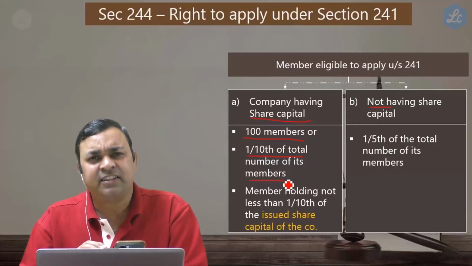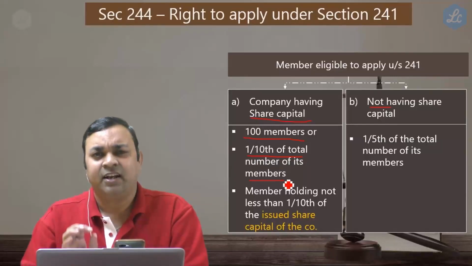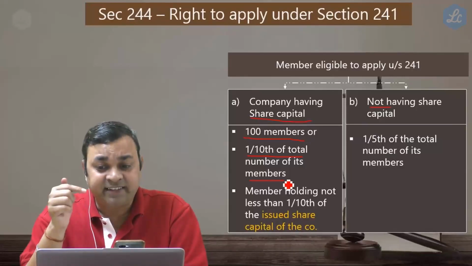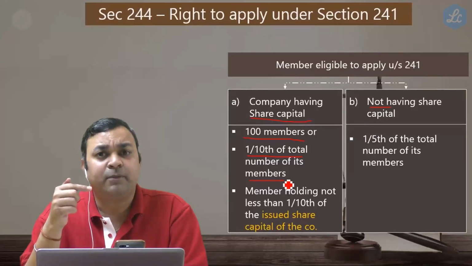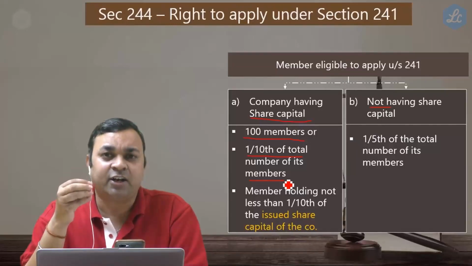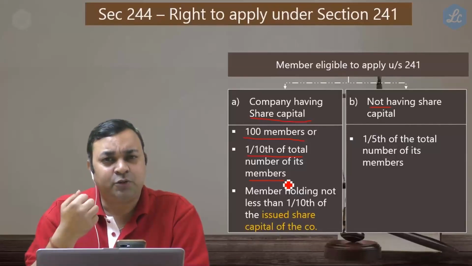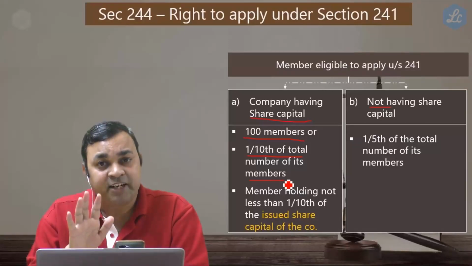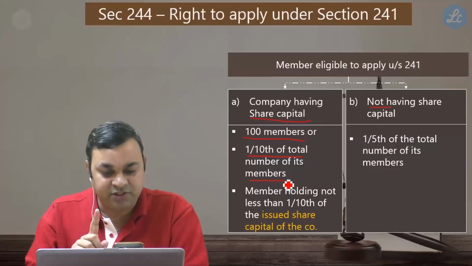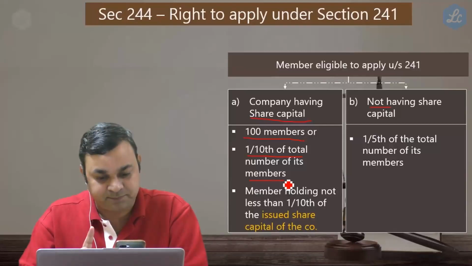For this question, you need to go through the provision. What is mentioned? 100 members. So this will not fall under this condition. And second is 1/10 of the total number of members, and the total number of members is 200. We take out the 1/10, that comes to 20. Out of the 200 members, 40 members have applied under Section 241, so they are eligible shareholders. They can validly apply before the Tribunal.